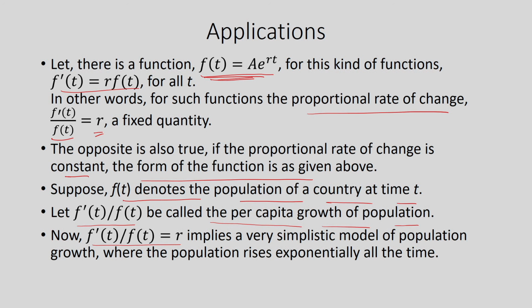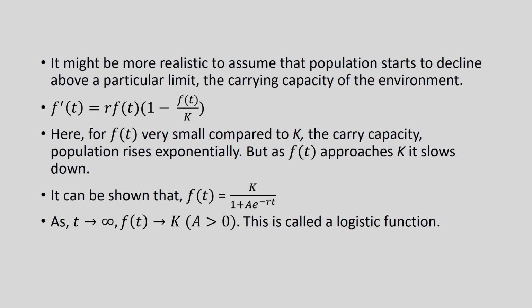So it basically means the population is rising all the time at an exponential rate of growth, and that may not be correct for a long period of time. It may be correct for a short duration, but may not be for longer time durations.